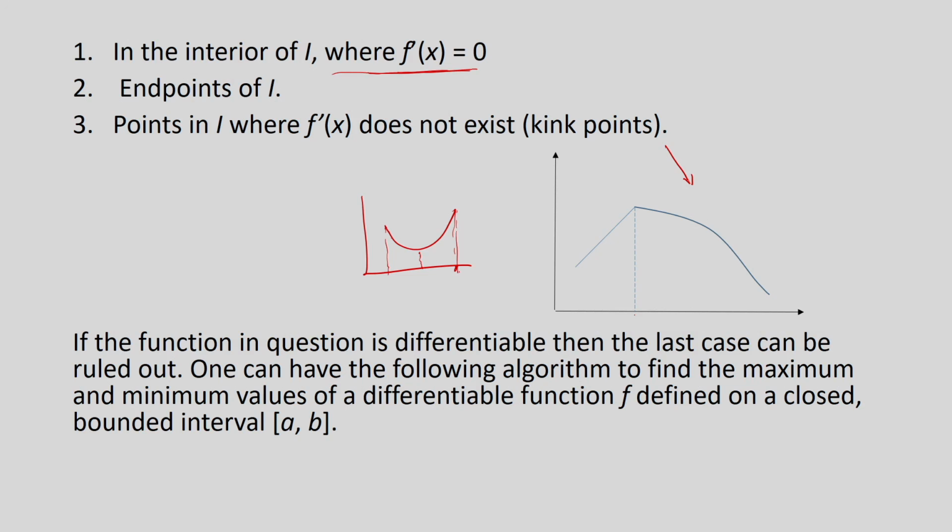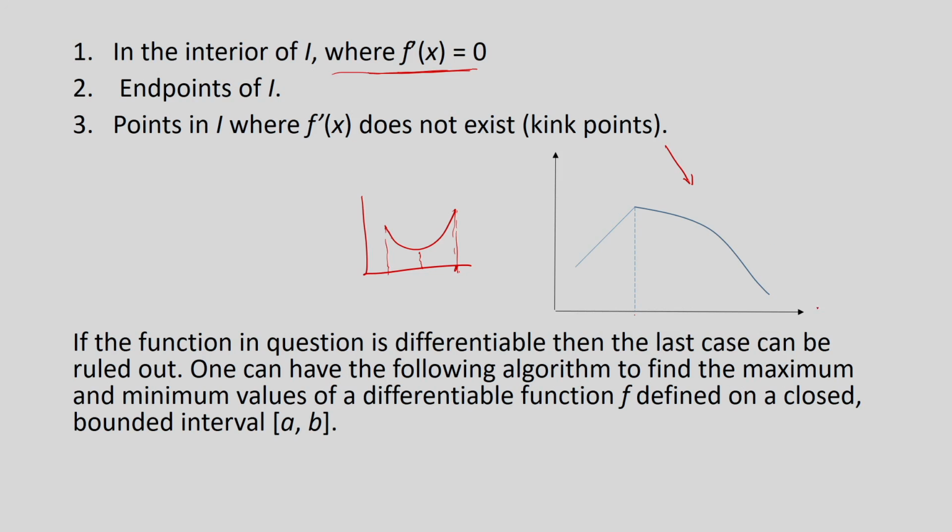So, only these three possibilities can arise if you have a continuous function defined over a bounded and closed interval, and you have extreme points. So, there could be three cases of extreme points. If the function in question is differentiable, then the last case can be ruled out.